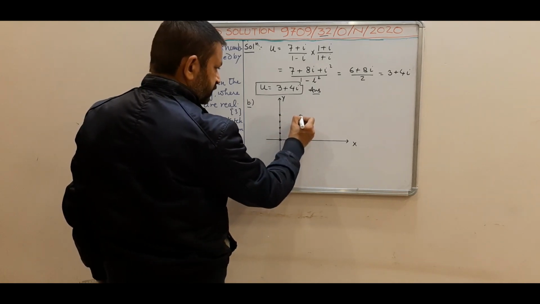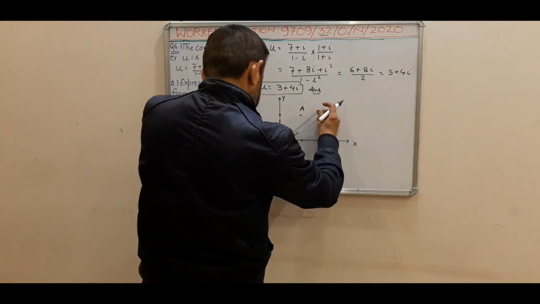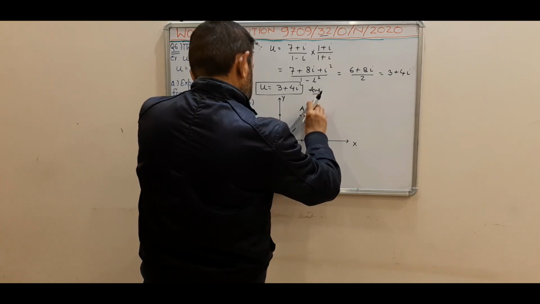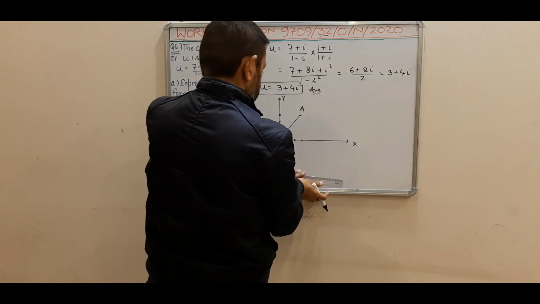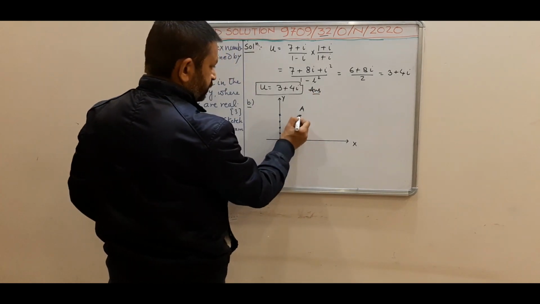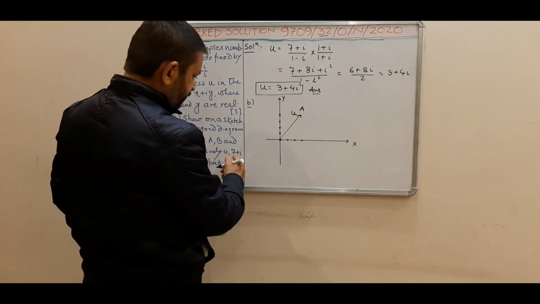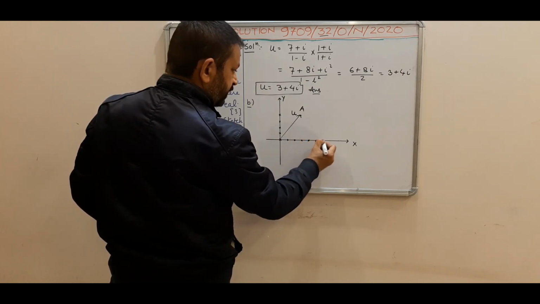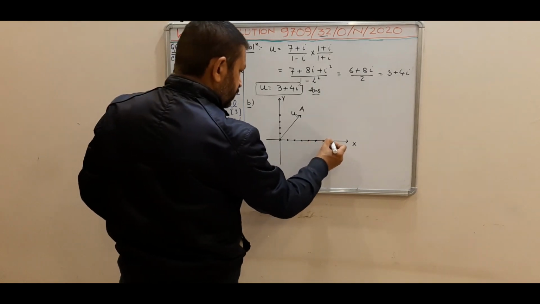So this point is A. So it represents u. Then next is 7 plus i. So 7 on the x-axis: 3, 4, 5, 6, 7, and 1 on the imaginary axis.